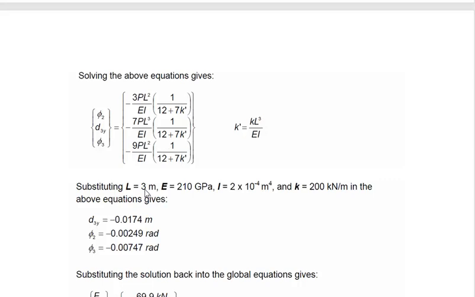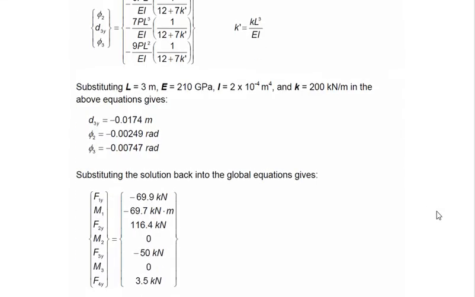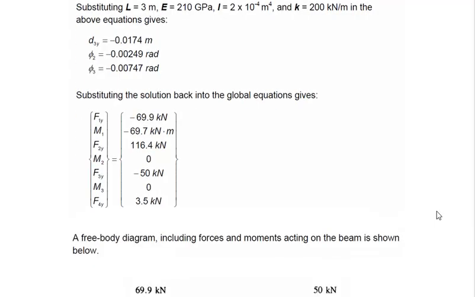And we can substitute the values: length equal to 3 meter, E equal to this, I this, K this, and then we get D3y, phi 2, and phi 3. Always remember that all the rotations will be in terms of radians. And once we have these rotations and displacements, we substitute the solution back into the global equations, and we get the corresponding forces and moments as this.